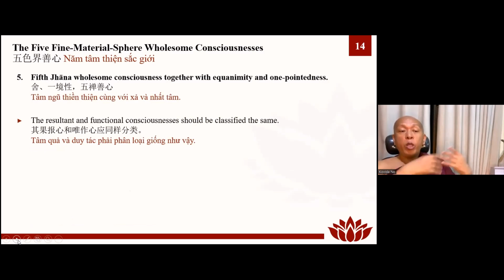If ordinary people practice samatha, when they attain jhana, then the first jhana will be associated with 5 jhana factors, according to the Visuddhimagga or according to Abhidhamma. We also have the second jhana associated with 4 jhana factors, the third jhana associated with 3 jhana factors, and the 4th and the 5th jhana associated with 2 jhana factors.